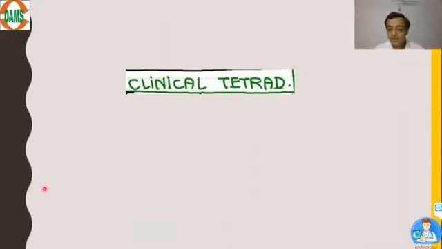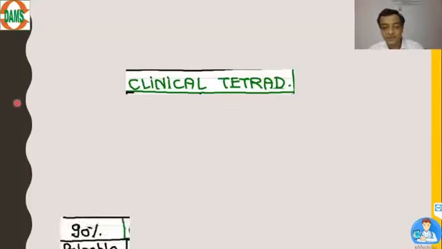So tell me, what is the clinical tetrad? We want to know the four typical manifestations of HSP, along with the pathology and the reason for each manifestation, right?